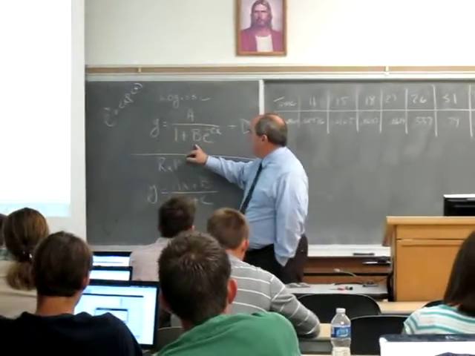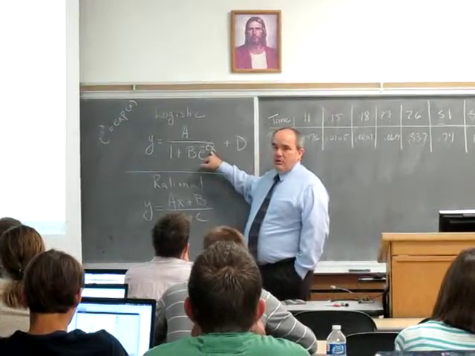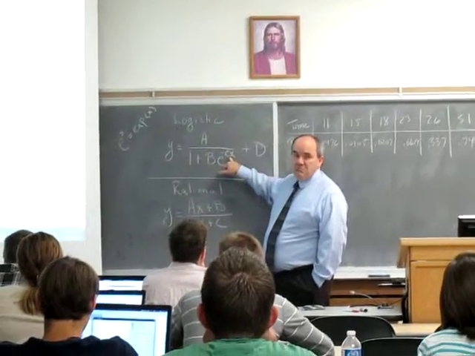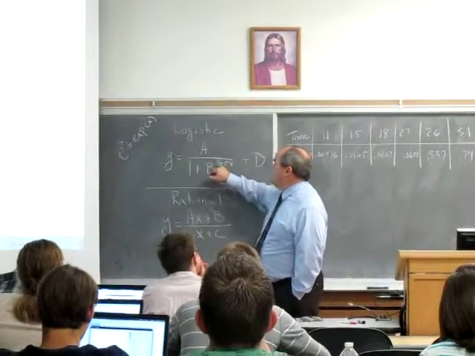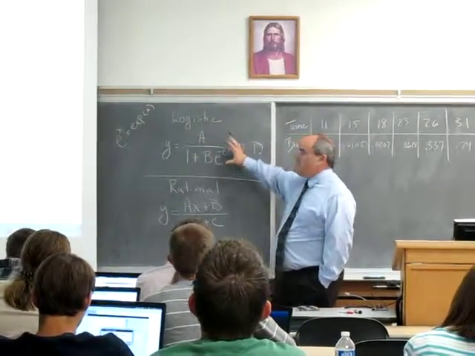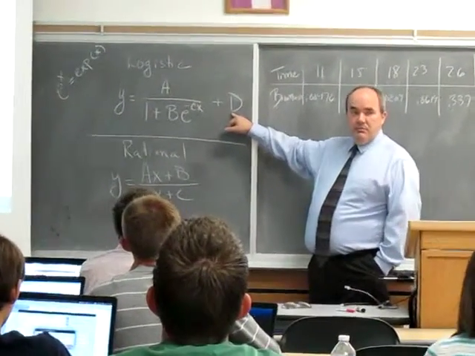I'm raising e to large positive numbers, so that's going to be huge. As this gets really big, I'm dividing a by it, and so this whole fraction is going to get very small, and I'm going to get very close to d.